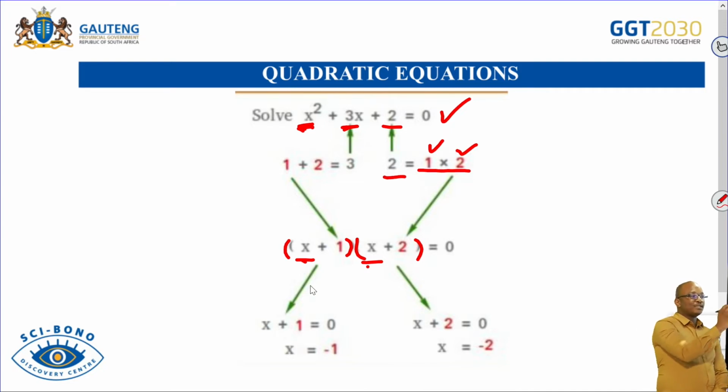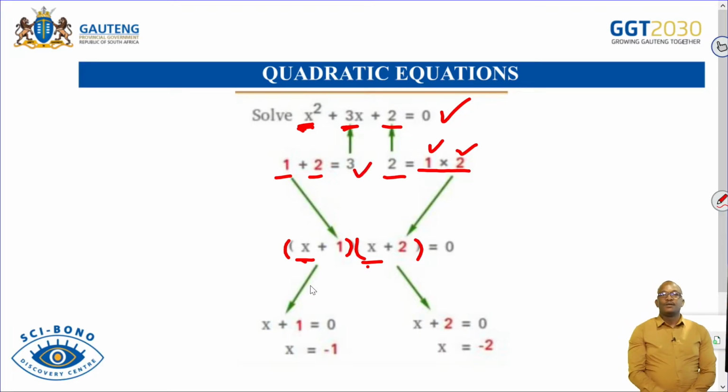When you multiply 1 and 2, they give you 2. And when you add 1 and 2, they give you 3, which is our middle term. Then we can use the factors 1 and 2 to factorize our equation. You put 1 and 2 into our brackets.